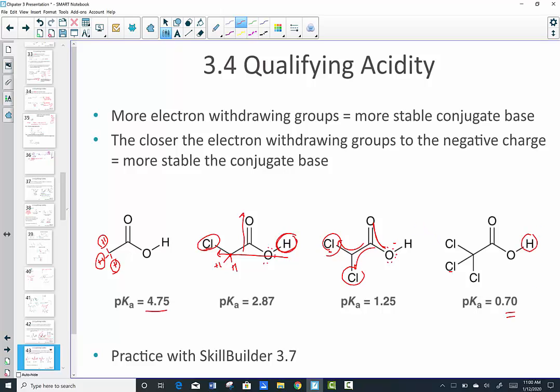Here we have a little molecule where I have a carbon attached to an alcohol group. Here is a carbon attached to an alcohol group. This in red, this in blue. Which would be the more acidic proton?